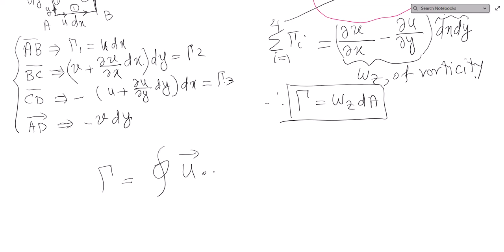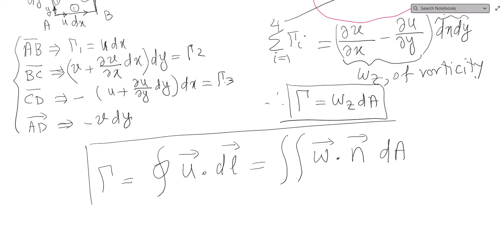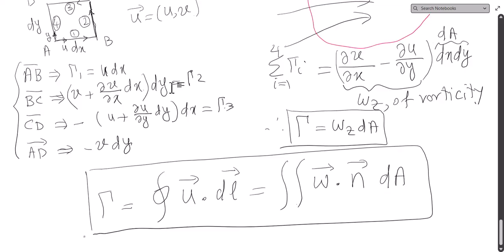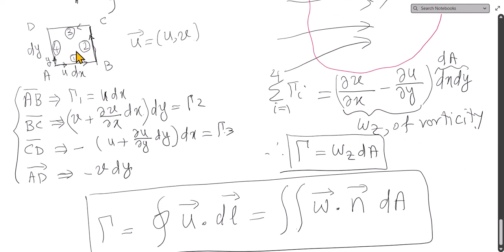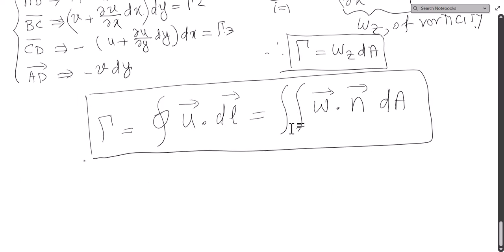This is dl, and by Stokes theorem you can say that this is actually omega dA in 3D. As I showed here, for a simple 2D element we get this thing. So basically this is a general formulation of this case.